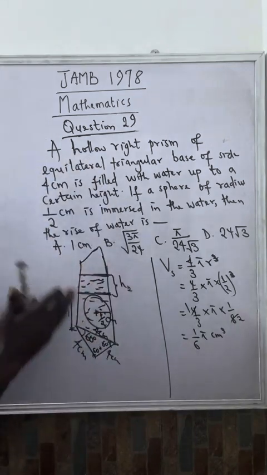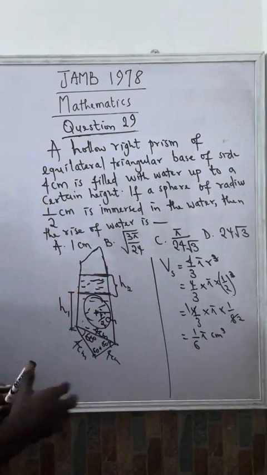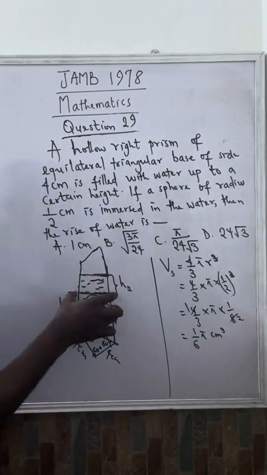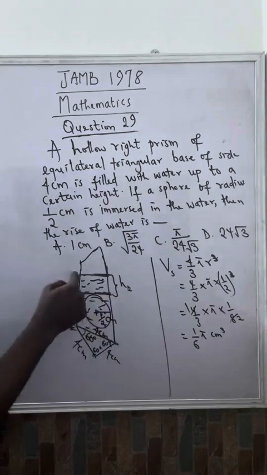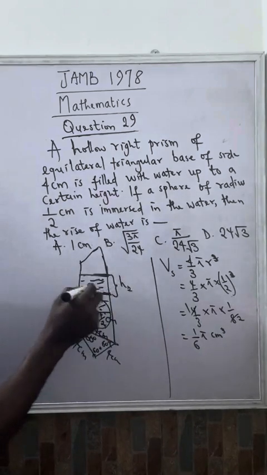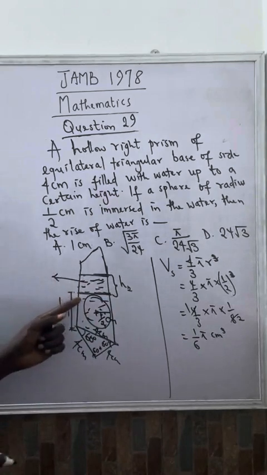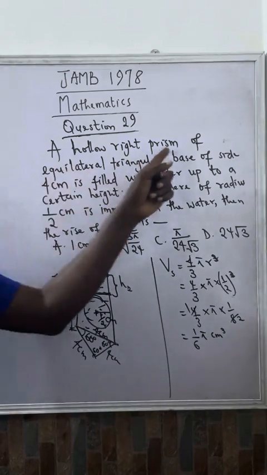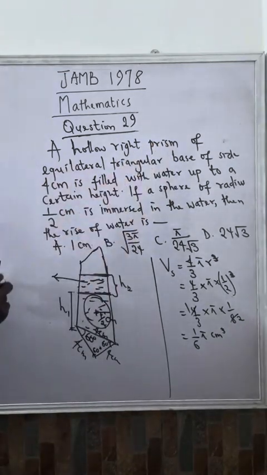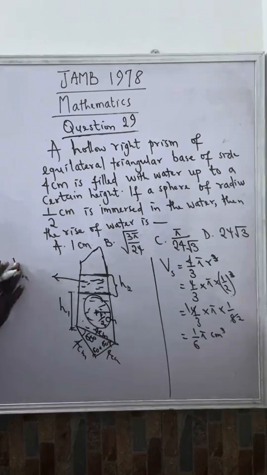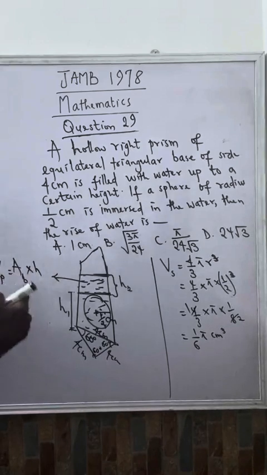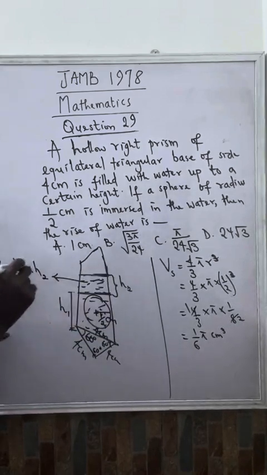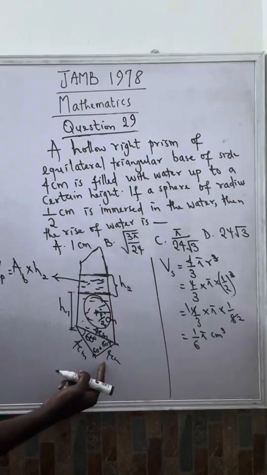It's just because of my drawing, which is not very good. For this part, I will use the formula of a prism: volume of prism is area of the base times the height. And don't forget the height here is h2. So let's first find the area of the base.